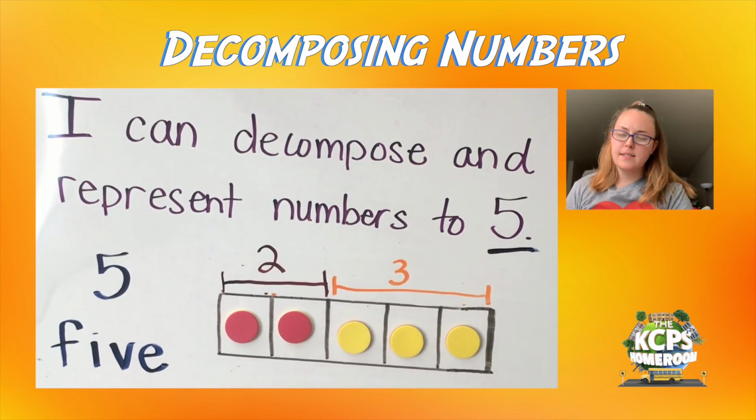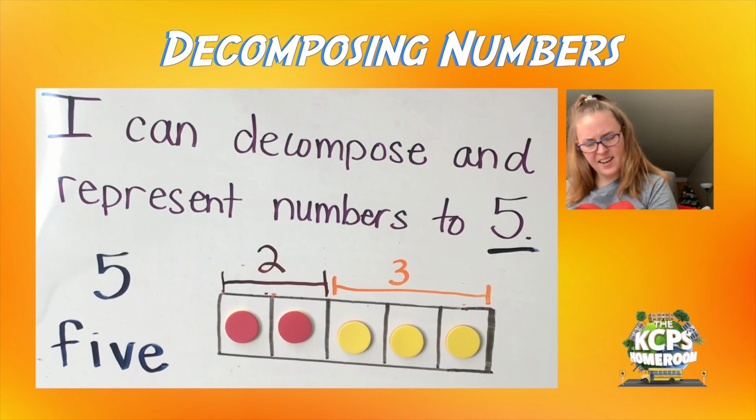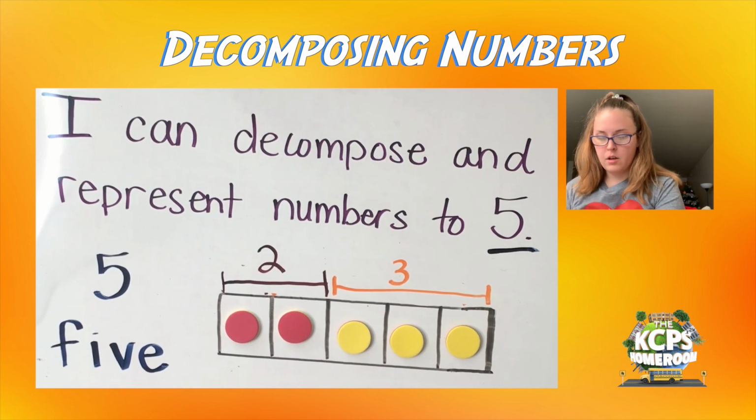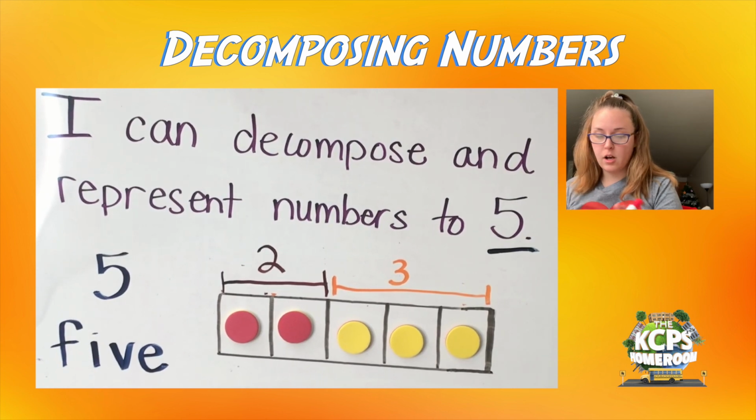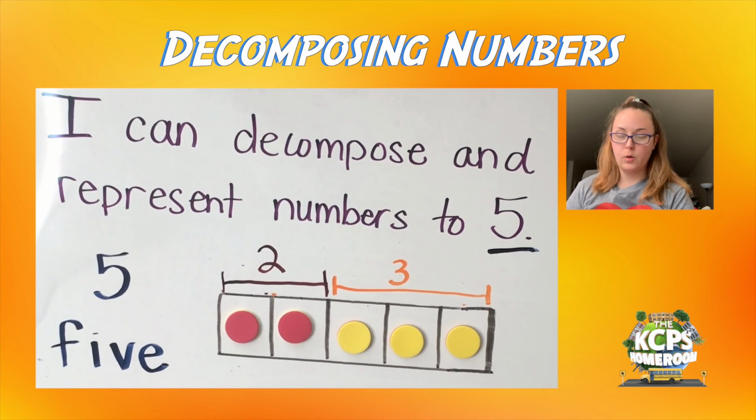So that means that 5 is also 2 and 3? That's kind of confusing. So 5 is also the same as 2 red counters and 3 yellow counters. And remember, in the middle, we're going to put them together, so we put a plus sign here.